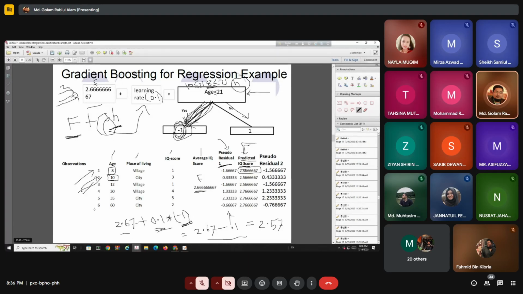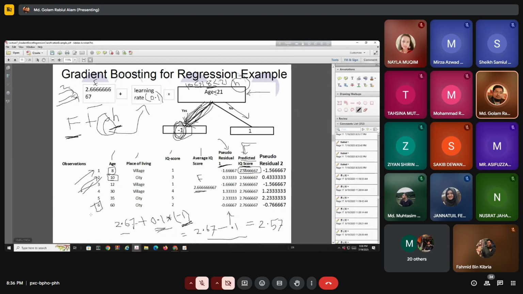Then if we consider the last one, that is 6, what's the age? Age is 60. So what will we get for this predicted IQ score? In this case, F is 2.67, plus learning rate 0.1, as we decided the learning rate is 0.1 here. Then we pass the 6 here, and the age is 60.